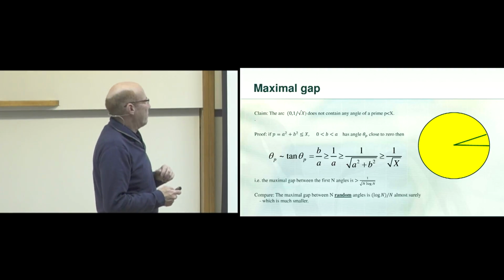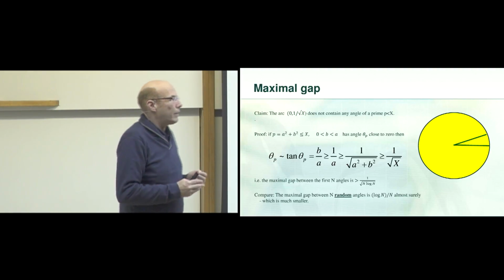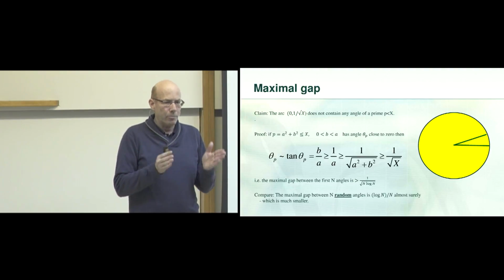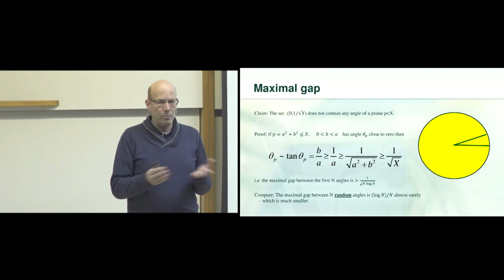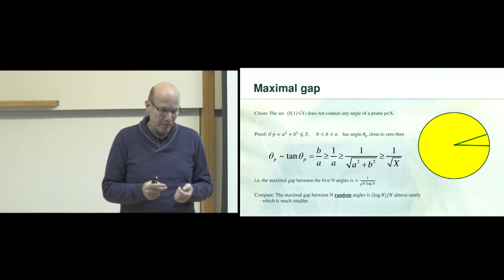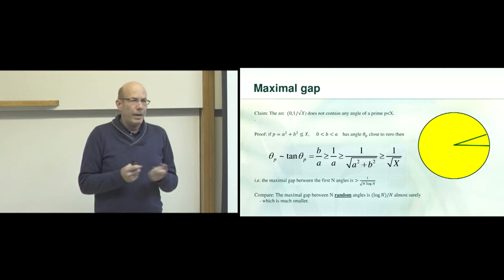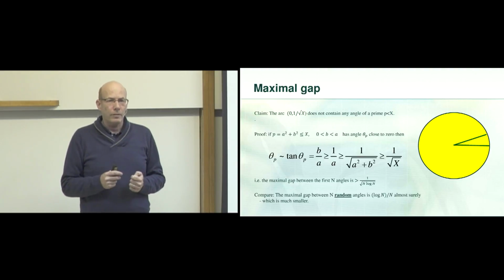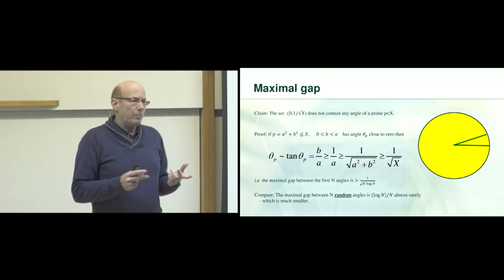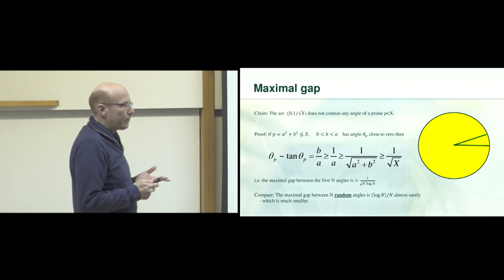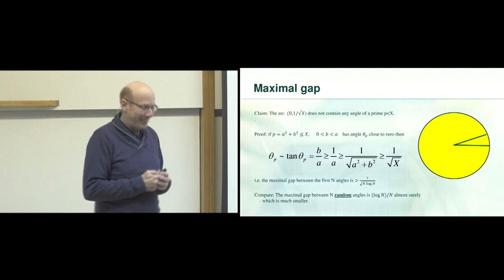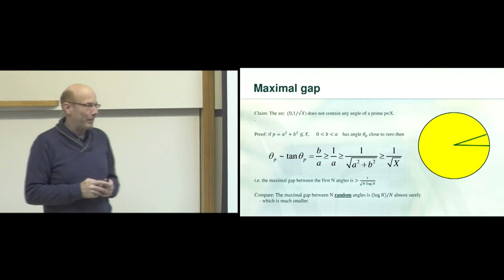Here is a related statistic. Instead of the minimal gap, let's look at the maximal gap. Again, on average, it's 1 over n. You want to compare it to what happens if you look at the maximal gap between n random points in the unit interval, the maximum nearest neighbor gap.